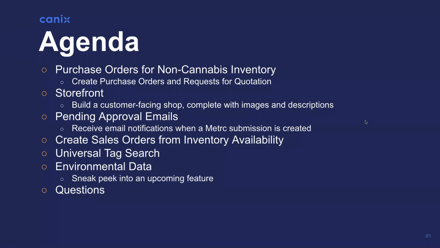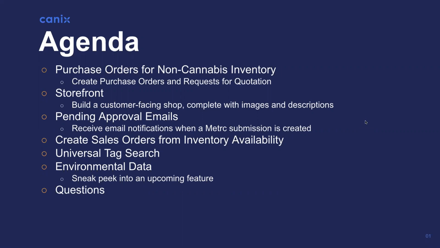Another thing we're going to cover is kind of a minor feature, but I think it's important. For those of you that are connected to Metric, there is a pending approval function within Canix. Anytime that a user with that permission set, or that restriction set, I should say, requires a review on submission, before the submission leaves Canix, it goes into kind of a holding space in Canix, where it needs to be approved by an admin before it's actually synced to Metric.